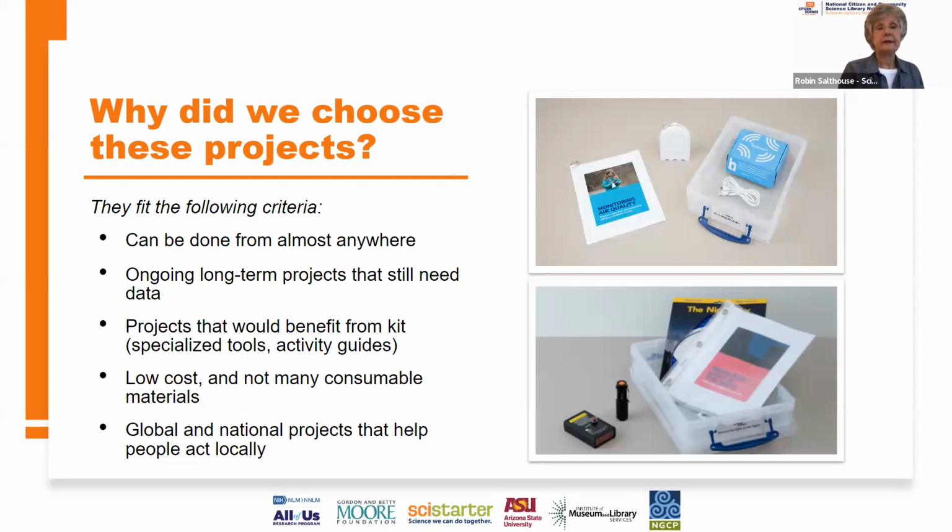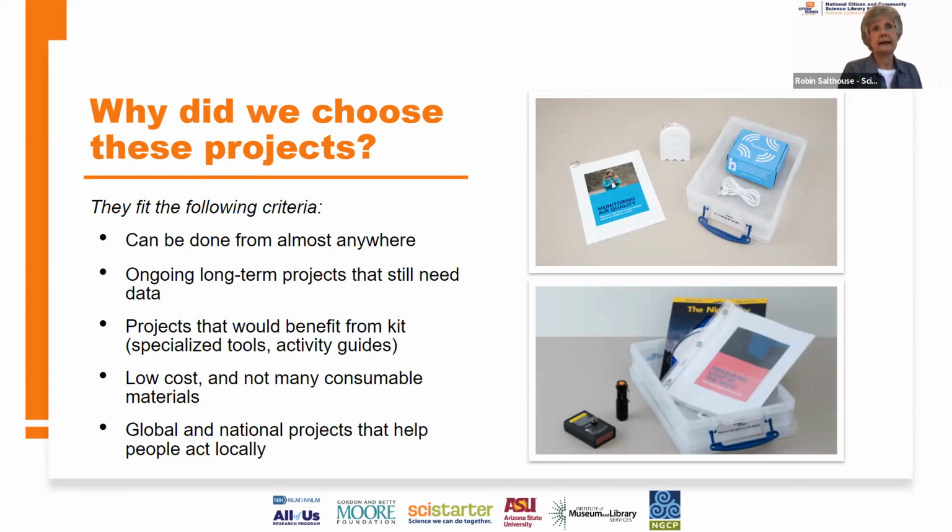So why did we choose these projects? Well, they can be done almost anywhere. The project scientists or researchers need this data. It's an ongoing project, and it helps the community to have access to tools that they may not otherwise be purchasing on their own or even have at home. Most of the kits are fairly low cost.